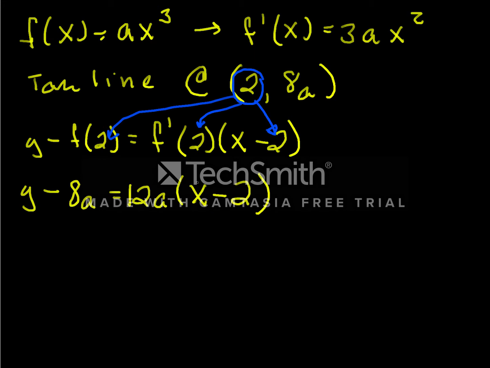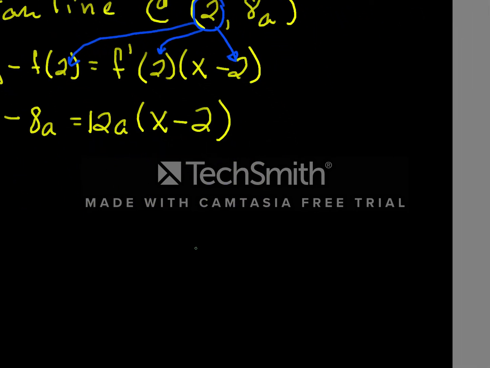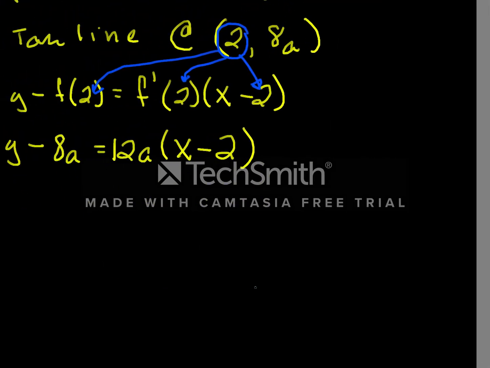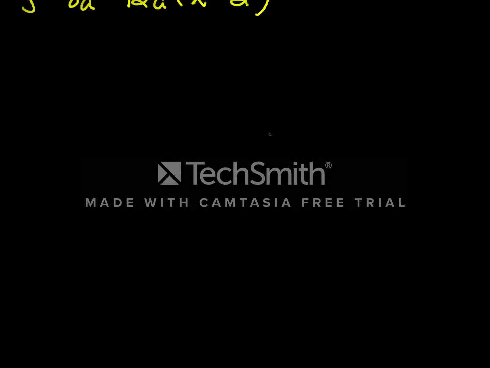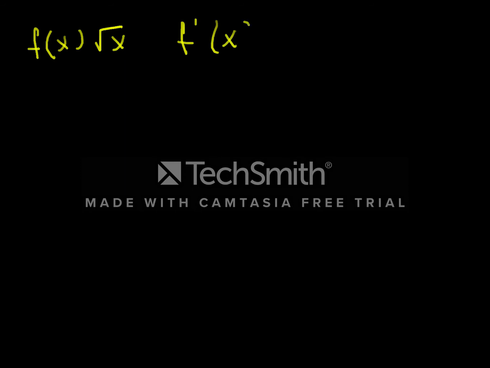Let's look at our other function that we computed the derivative of already. So if we let, we're going to consider, what was it, f of x was square root of x. And in that case, we found that f prime of x was 1 over 2 root x.